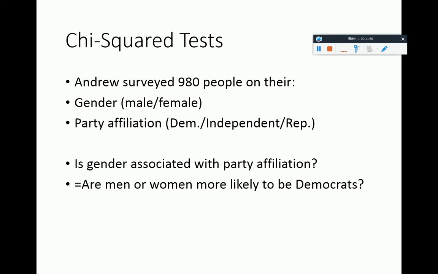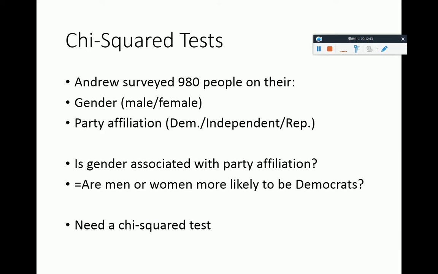Either way, doesn't matter. So because these two, gender and party affiliation, are categorical variables, we can't use Pearson correlation. Instead, a chi-square test is needed.